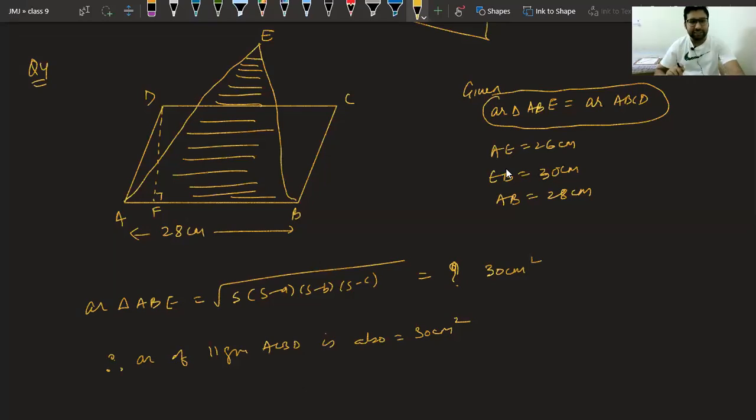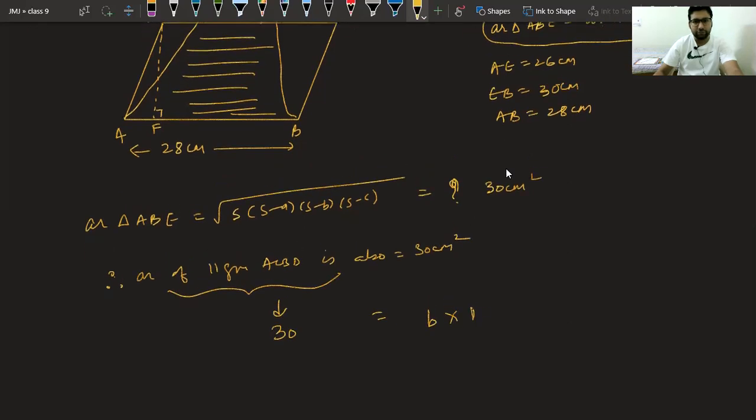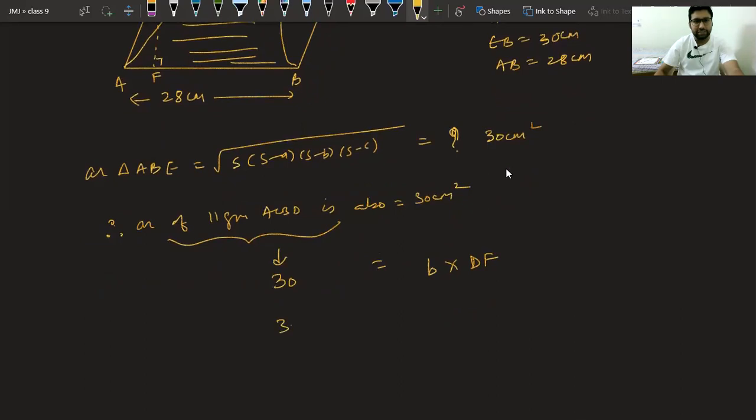Now what we can say is, as this is also 30, it is equal to base into height. Base is given to you as 28, height is DF. Now it is easy for us, just isolate the height and get the answer. This way we can find the height of this parallelogram. I hope you are able to use or understand this concept, class.